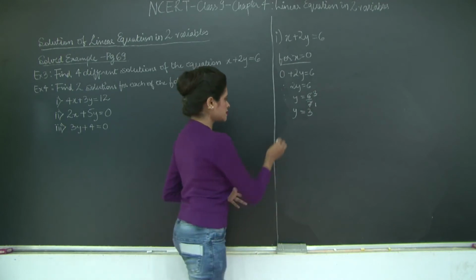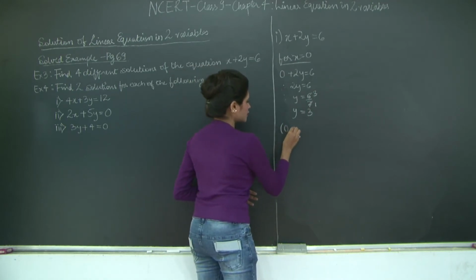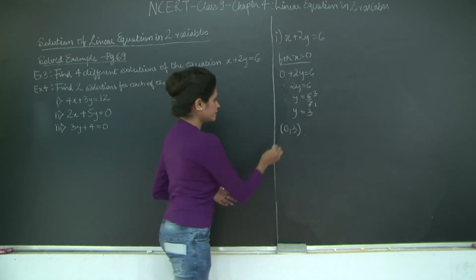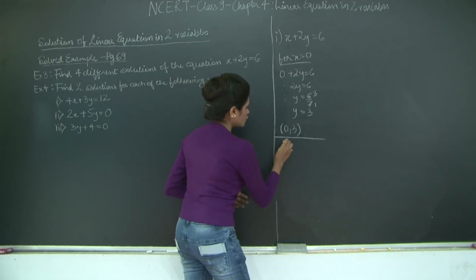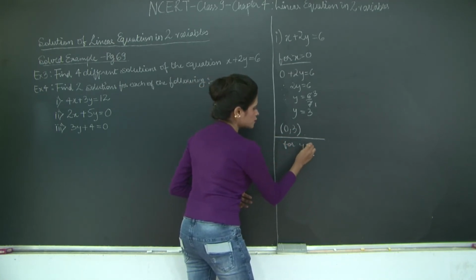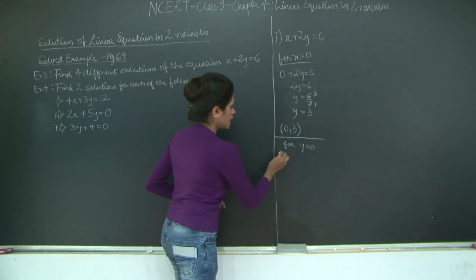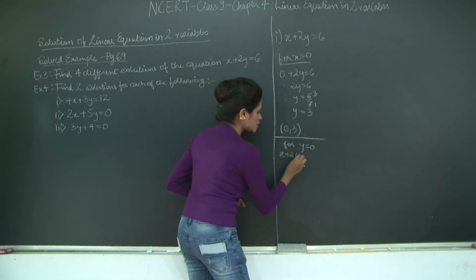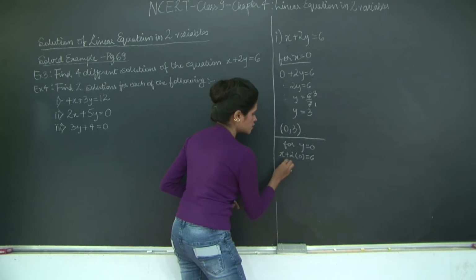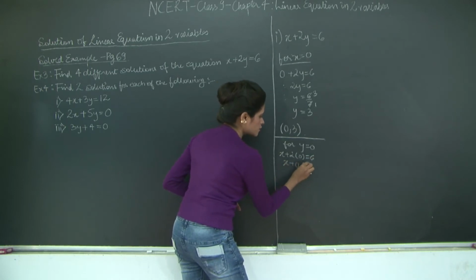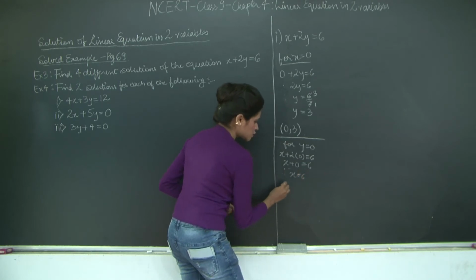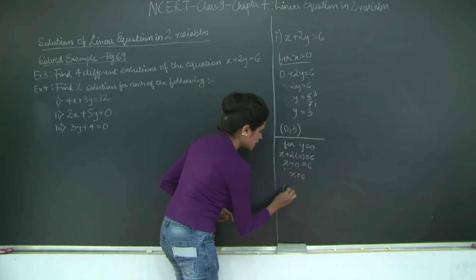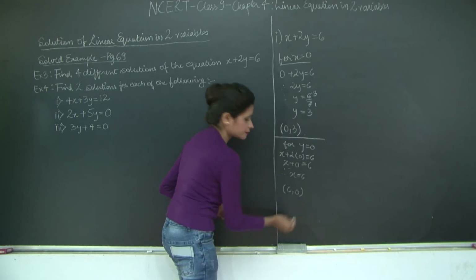So one of our solutions is 0 comma 3, right? For y is equal to 0, what does the equation become? x plus 2 into 0 is equal to 6, which is x plus 0 is equal to 6. Therefore x is equal to 6, right? So what is the solution in this case? 6 comma 0.